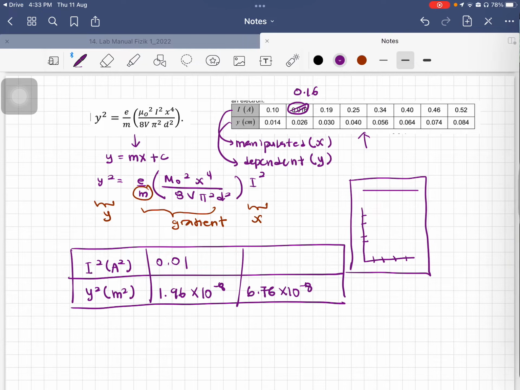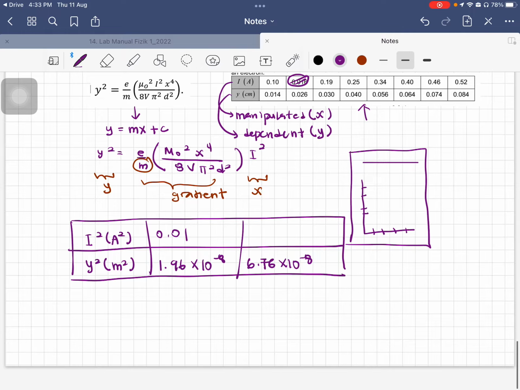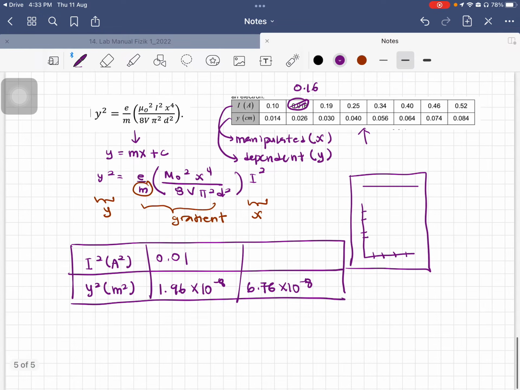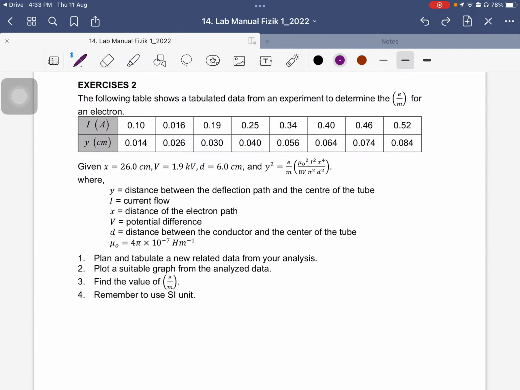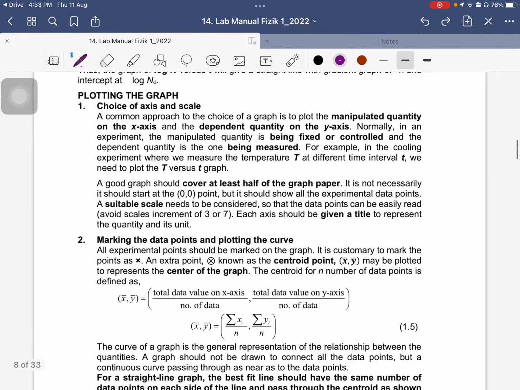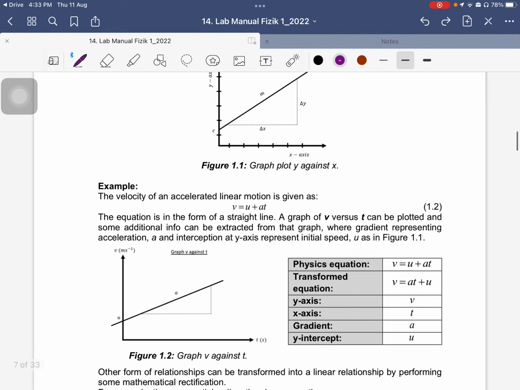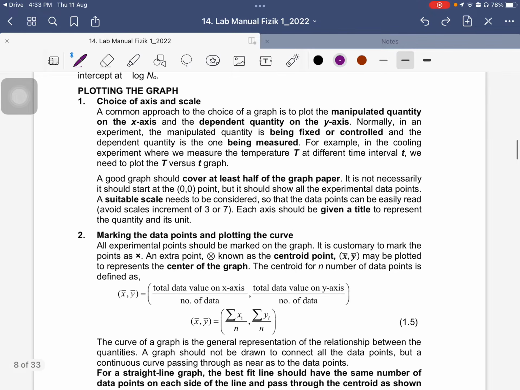So the rules to draw the graph are given in your lab manual. Starting from here, plotting the graph. The first thing you need to do is choose the axis and scale. The rule is you choose the manipulated quantity as the x-axis.